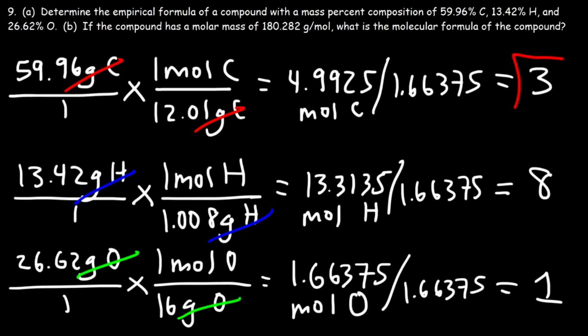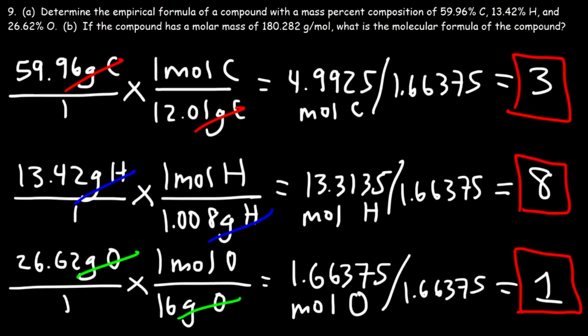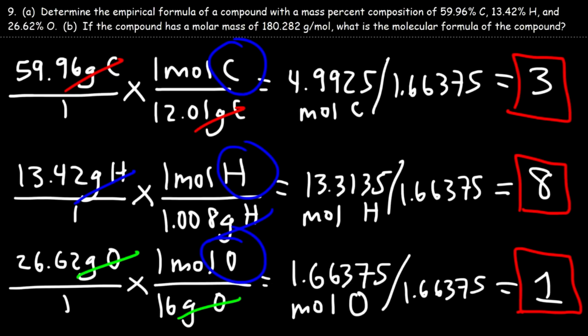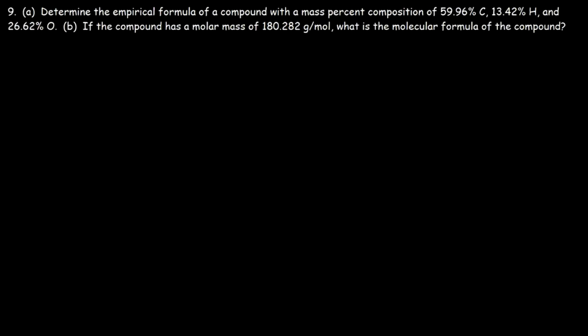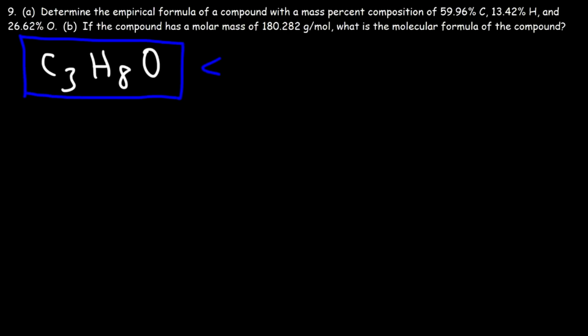So if all of these numbers are whole numbers, these will be the subscripts for the empirical formula. So it's going to be C3H8O1, or we could simply write it as C3H8O. So that's a simple way in which you can write the empirical formula of a compound.